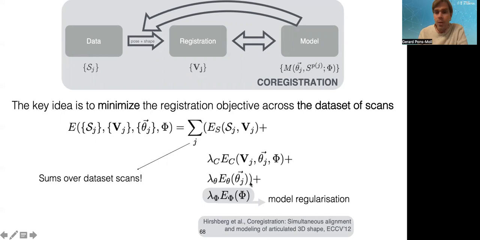Notice that now we still have this dependency on the pose parameters, but we also have a dependency on the full model parameters. These are the blend weights, the pose blend shapes, and the joint regressor matrix. Everything is in there. So now you have to solve for all these parameters in order to make the model fit the data and the registrations be close to the model.